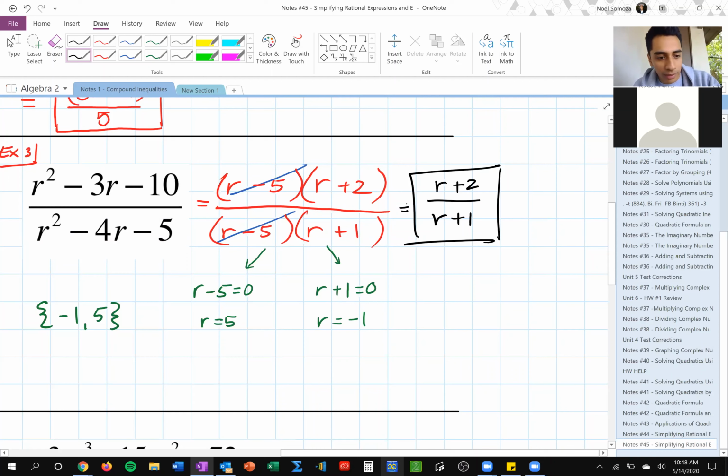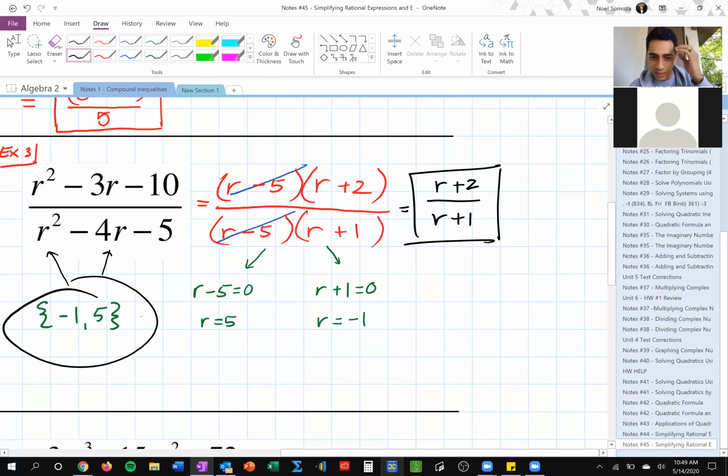Because if you think about it, these two values would both give us 0 if you try to plug them in for r at the very beginning of the expression. So even though they cancel out, the excluded values still exist. And when you get to calculus, you'll see that on a graph, at 5, there's going to be an open circle there. It's going to be a hole.